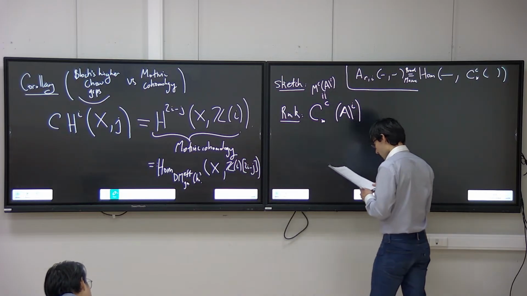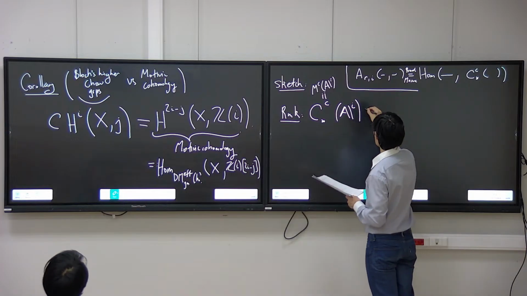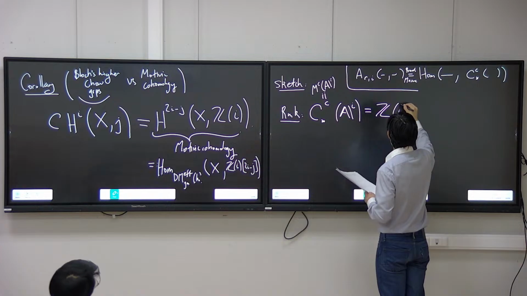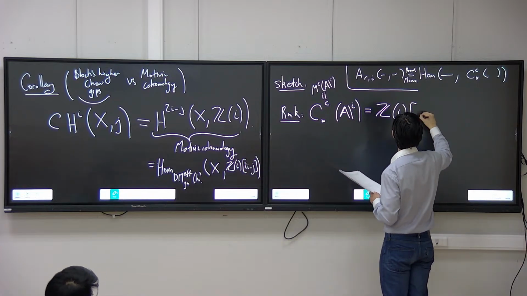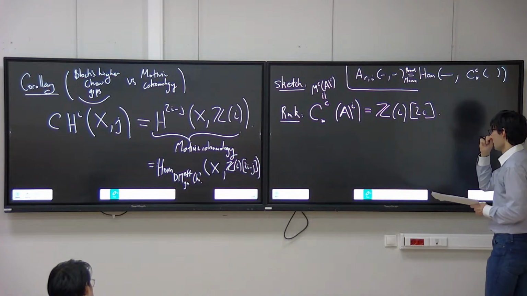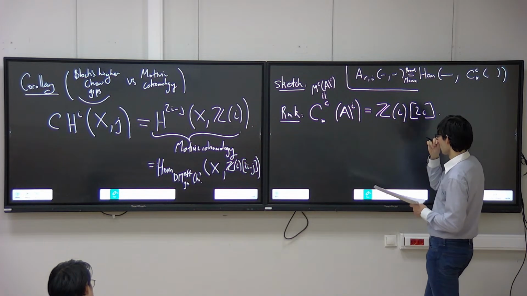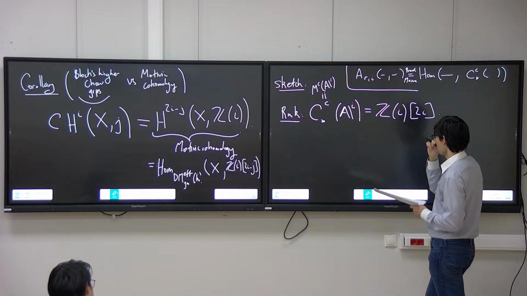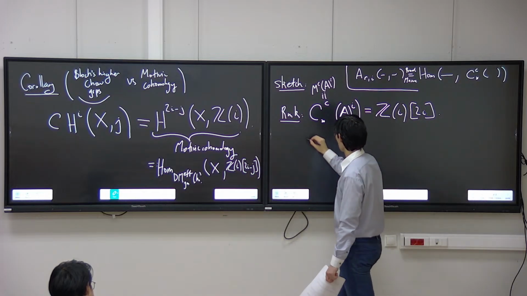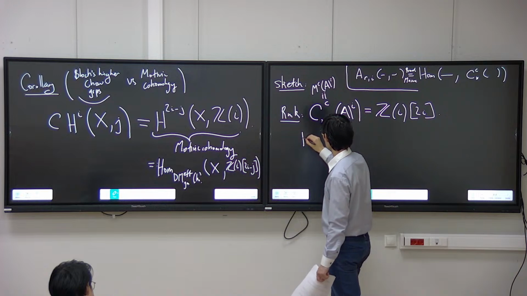This is just notation, a definition, nothing going on there. Then this is actually equal to Z of i, shifted by 2i. It's actually not very difficult to prove. A rough guide would be to reduce.